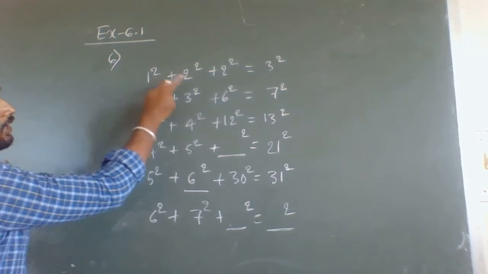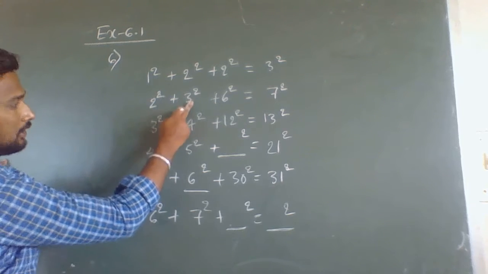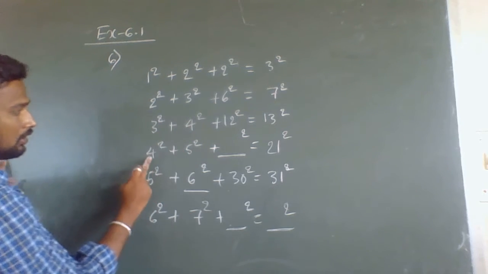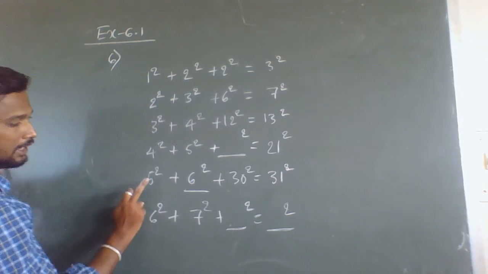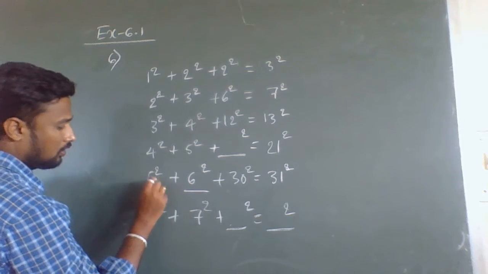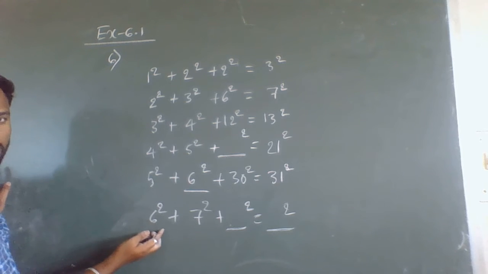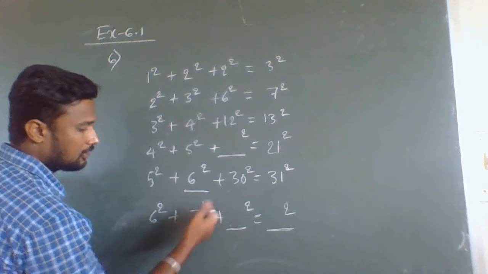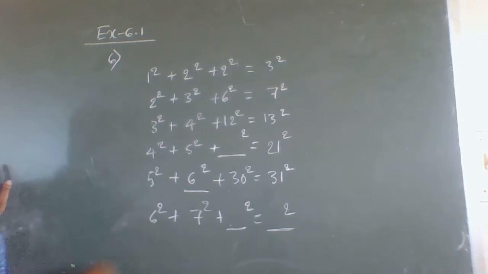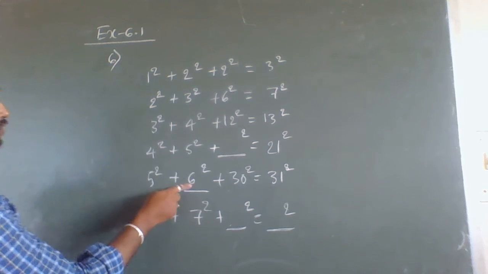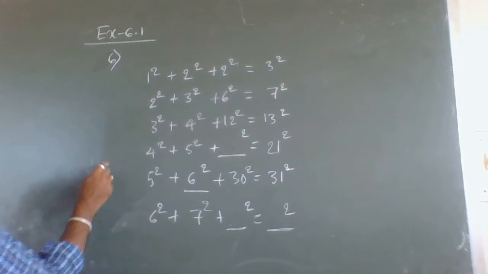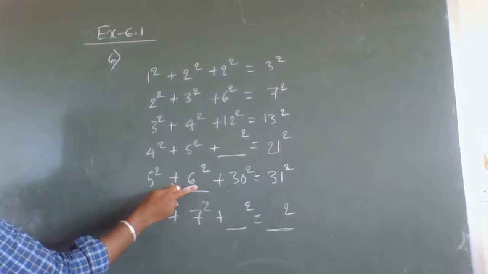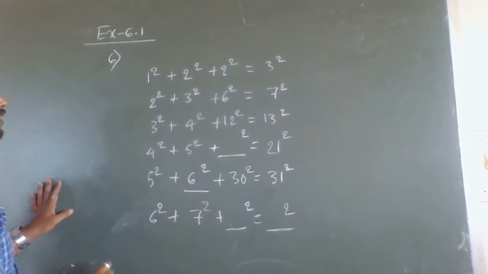Here it is 1 and 2, 2 and 3, 3 and 4, then the next pattern is 4 and 5, so here you can write 5 and 6. In the last question you can see 6 square plus 7 square, so after 6, 7 is given. Now we have written the answer for the fifth question, 1, 2, 3, 4, 5. So here this should be 6 square.